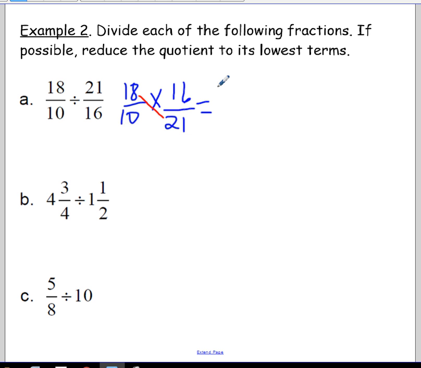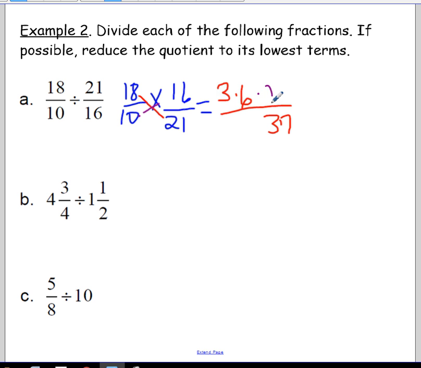So I'm going to make 18 3 times 6 for my top. I'm going to make 21 as 3 times 7. And another thing that I see is that both 10 and 16 are even. And so I'm going to make those multiples of 2.